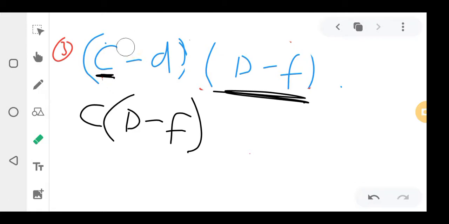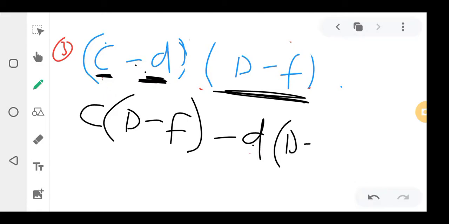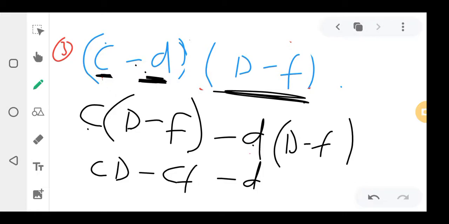So this part again, I take it: minus d, with the sign negative d. If it's positive d, you bring positive d. Again, the same (d minus f) comes this side. And then you multiply c times d, cd, cf, negative d. There's d here and there's another d there, d squared. This negative times this negative will make a positive. D times f, it is df.